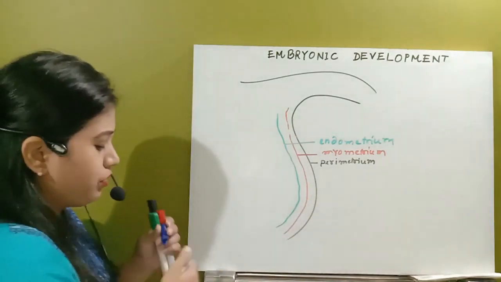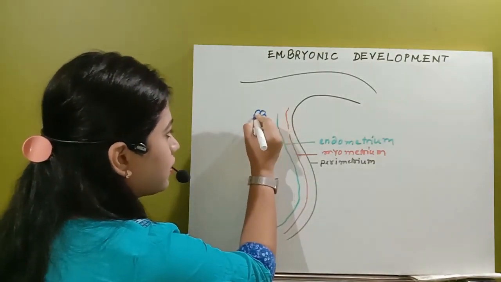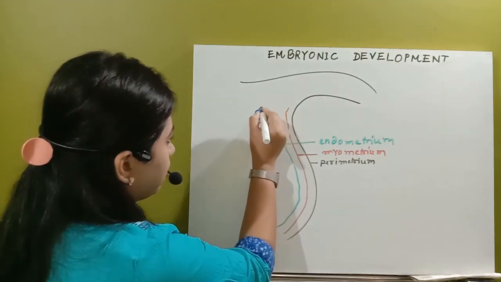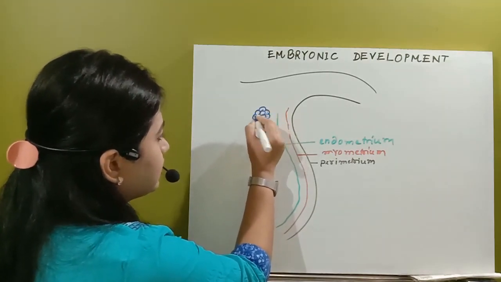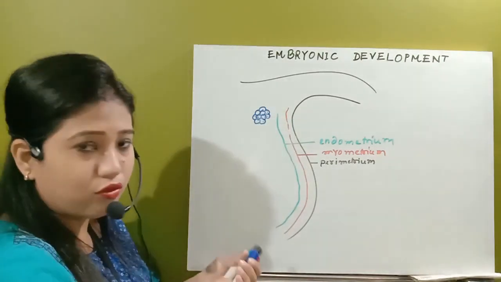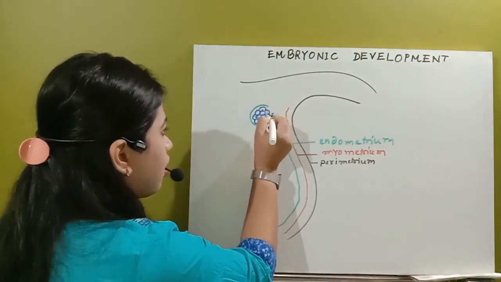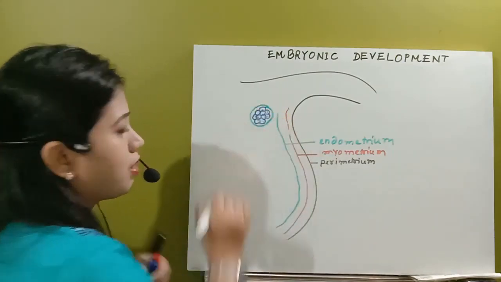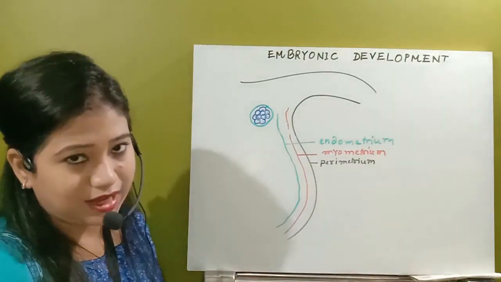First of all, this morula is already coming towards the region of implantation. Suppose this is the 16 cell stage, this morula, which still has the outermost zona pellucida layer. The zona pellucida layer will still be intact till now.